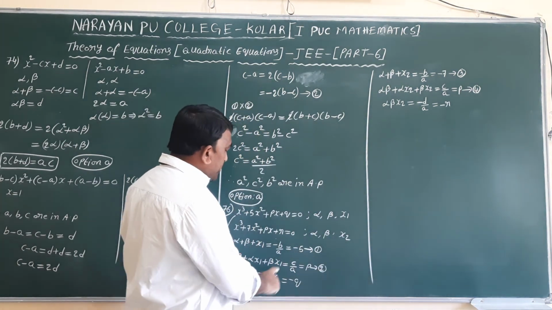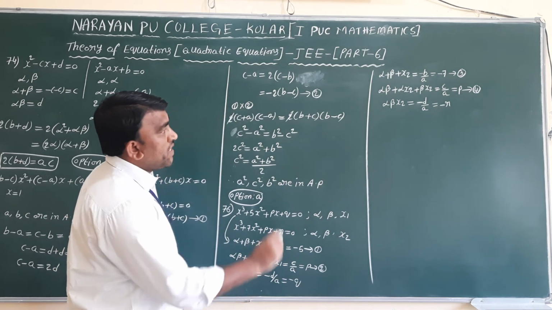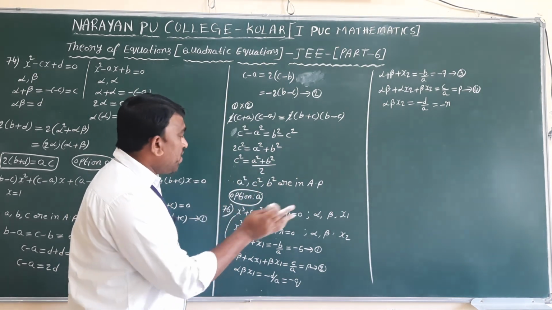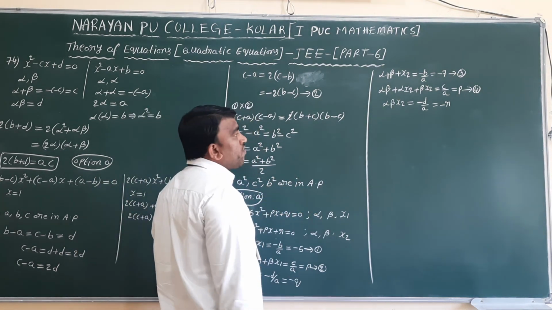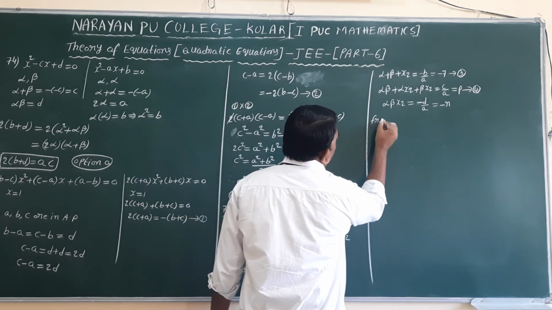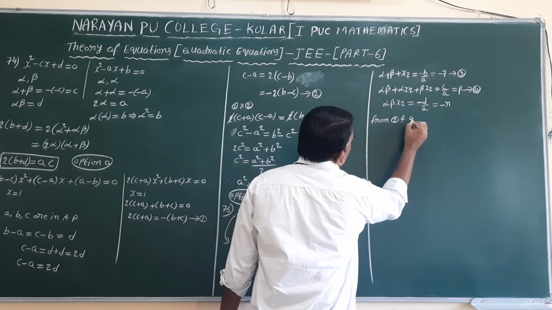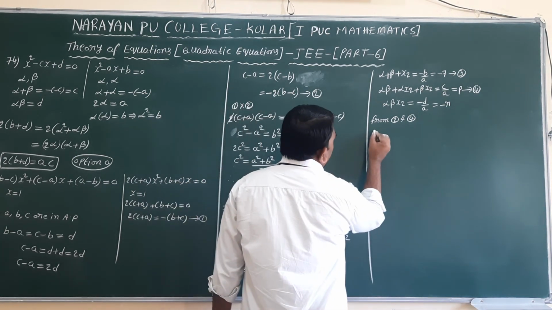So subtract 2 and 4, because the right side is p only. Otherwise equate them, no problem. We'll get p cancelled. From 2 and 4, the right side is equal, so the left side is also equal.